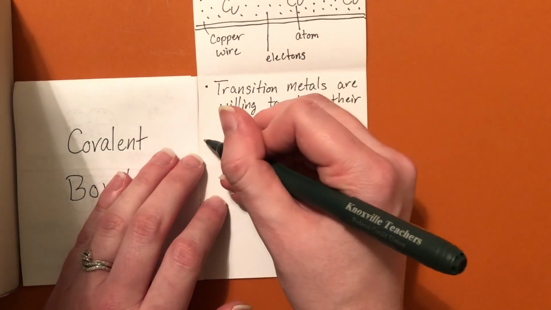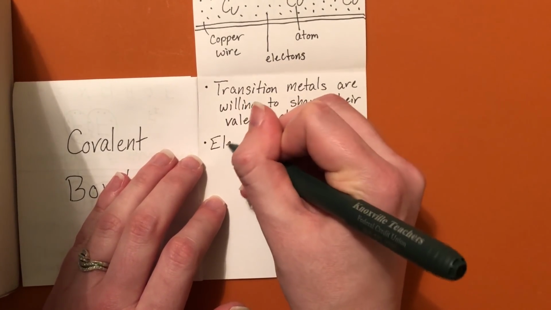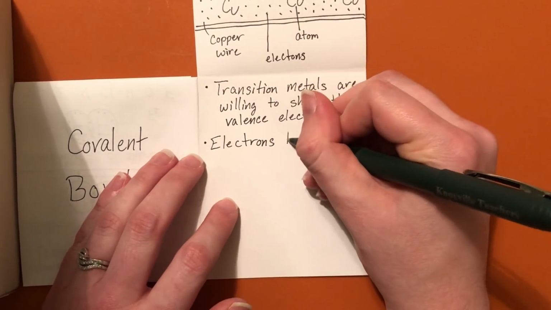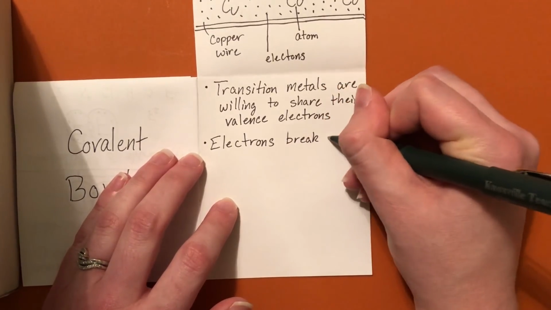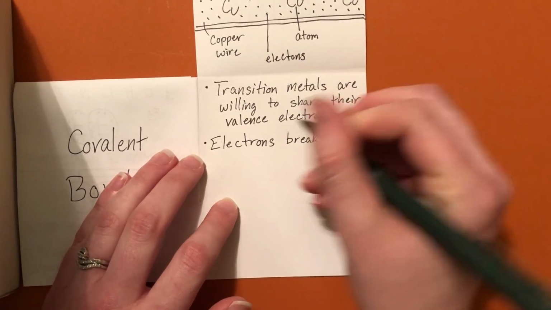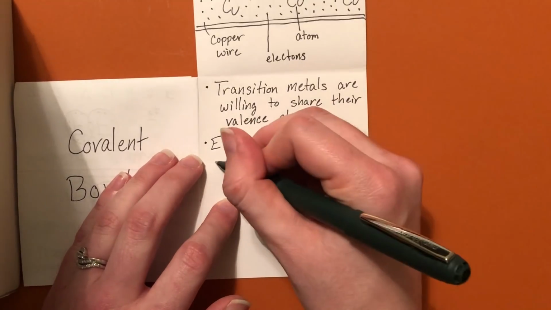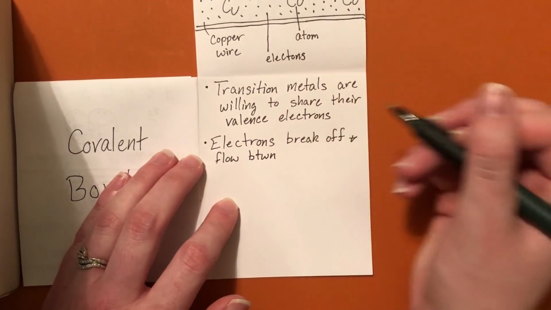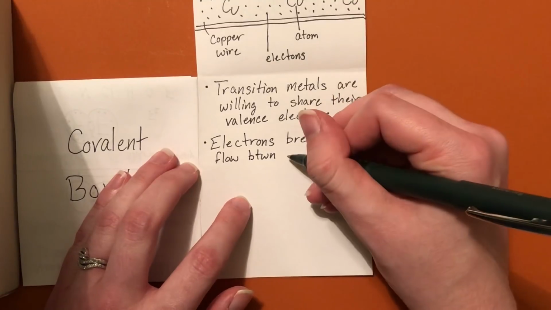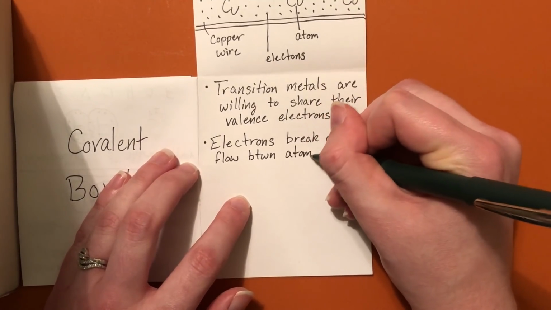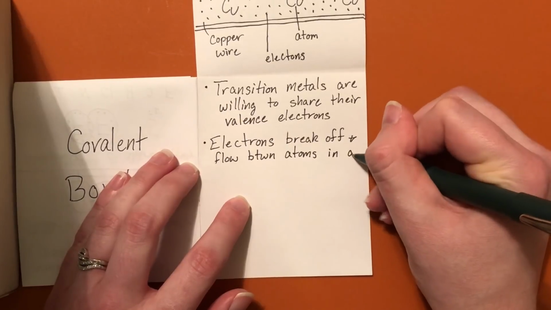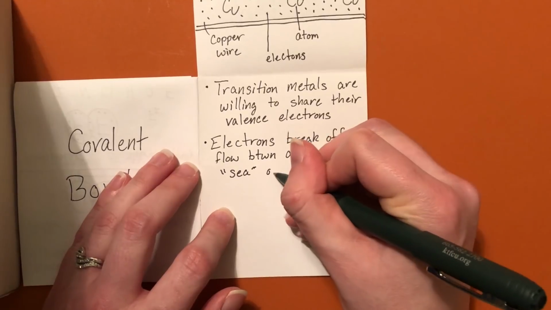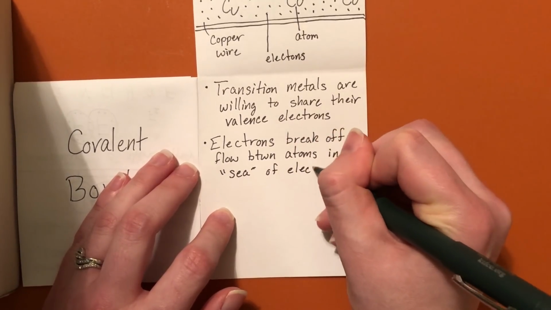So when this happens, electrons break off and flow between atoms in a quote-unquote sea of electrons.